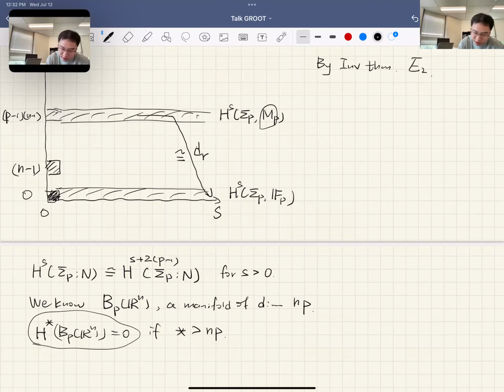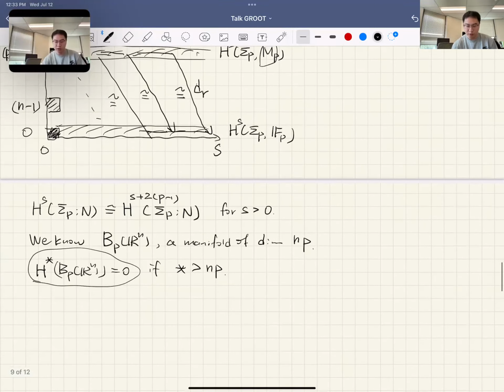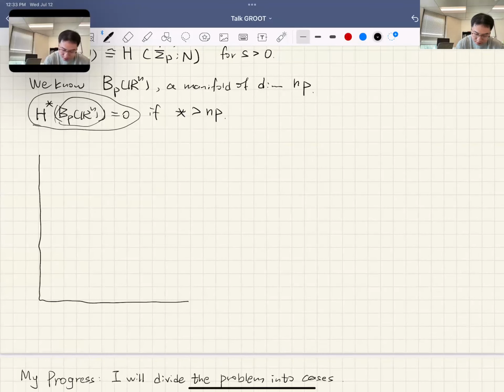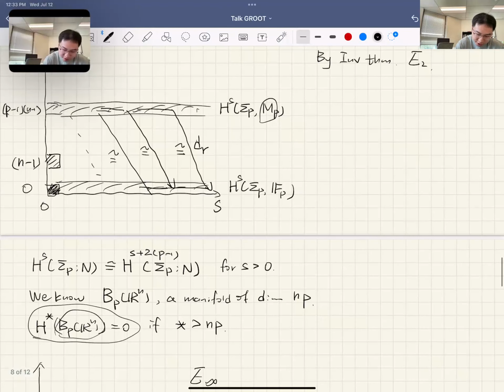So by the isomorphism, we can push things to the left, says that, okay, this is also an isomorphism. This is also an isomorphism, and so on. So I can draw the final page of this object. Okay, so this is the infinity page. By the shape of the differential, we can see that this row is gone, right?